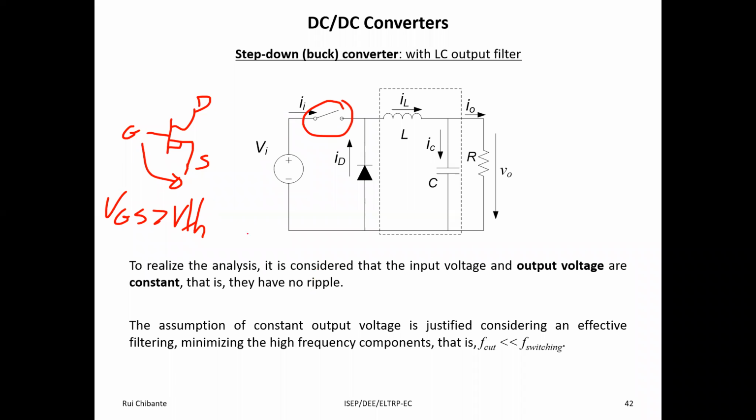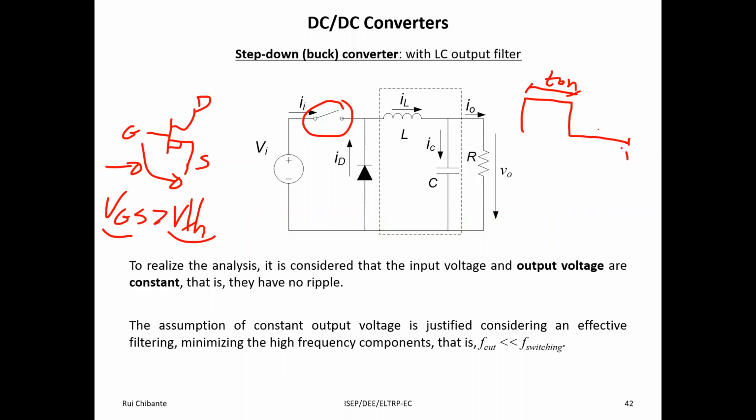If this voltage is higher than the threshold, we can put the device on, otherwise it is off. So we must apply here a control signal between the gate and the source, and that signal is the pulse width modulation signal, the one where we define T on.